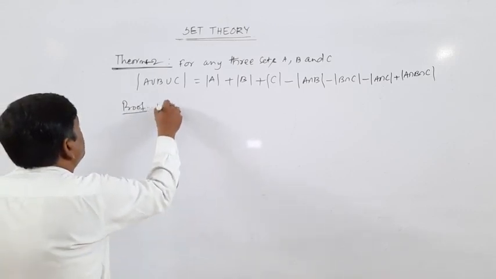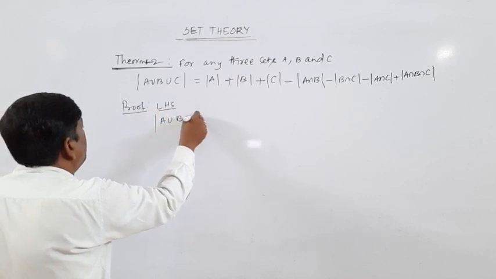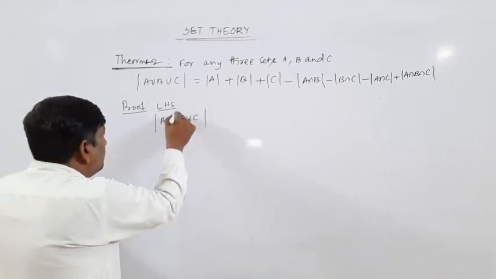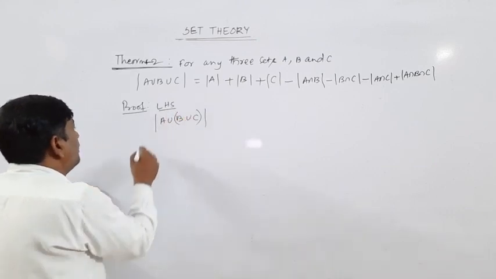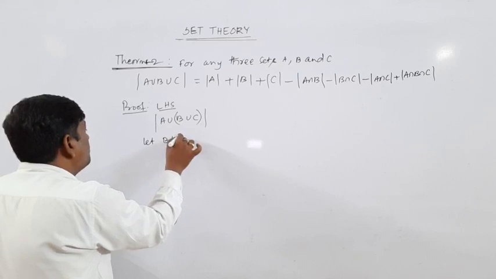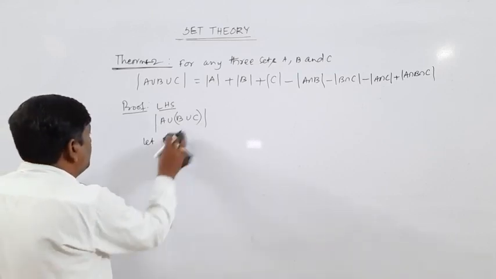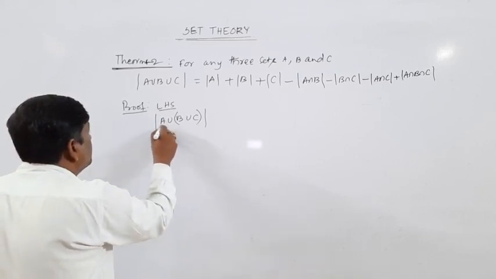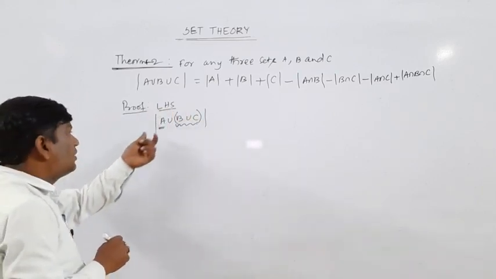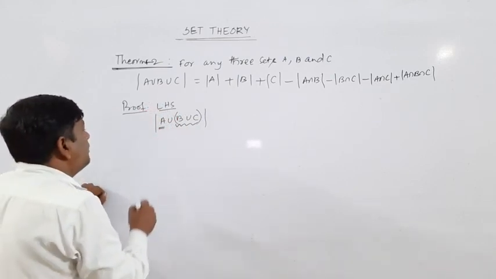Left hand side, cardinality of A union B union C. So this is B union C. Let B union C be another set. Suppose this is a single set, and this is another set. Suppose this is A and this is B. What is the cardinality of A union B?